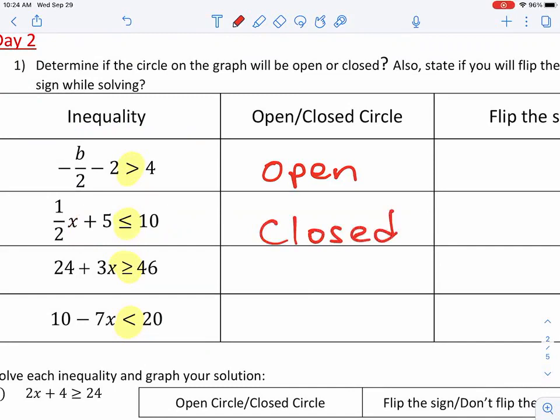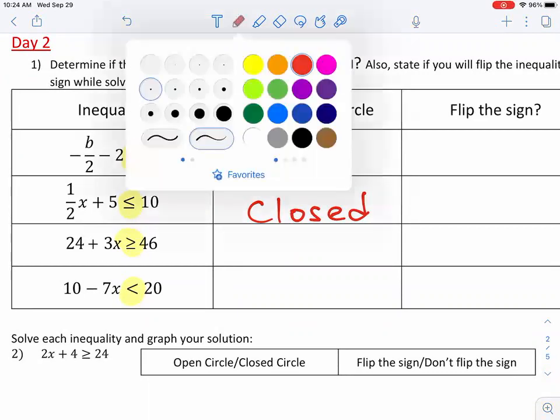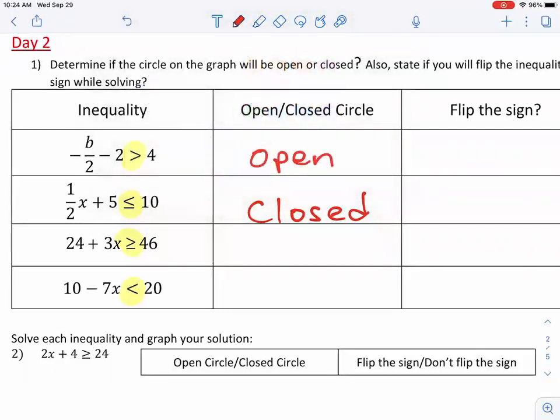So I'm just trying to determine whether or not the circle is going to be open or closed. The next one has an equal sign underneath, so that is closed. And the bottom one will be open because there is no equal sign underneath. So I would just quickly figure out whether it's open or closed before I even start the problem. Okay, any questions on that?